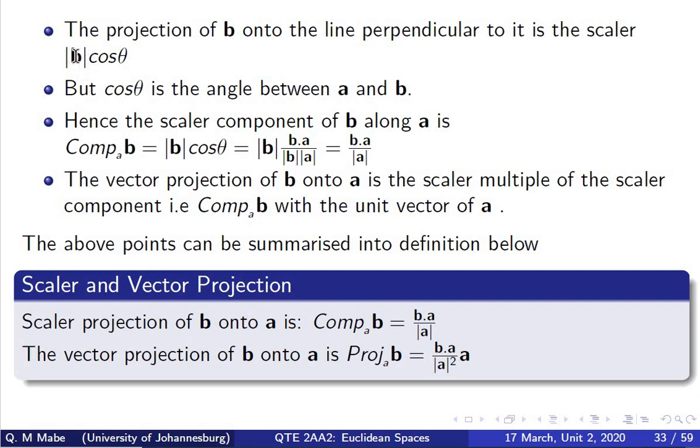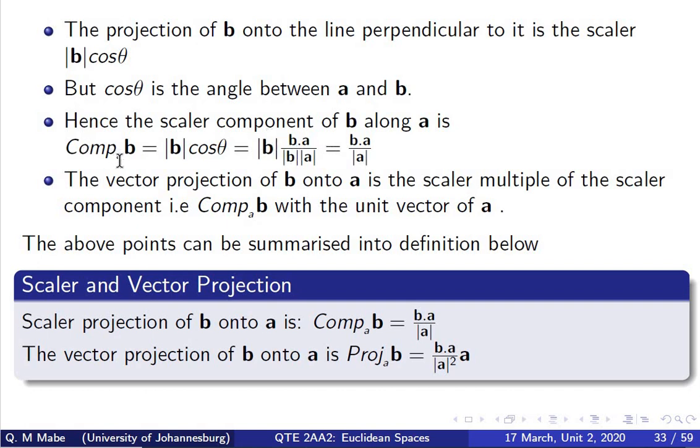If you can just write that and simplify further, you will see that that's the case. But theta is the angle between A and B, and it was defined as we previously defined it in our previous slides, right? Hence, the scalar component of B along A is given as comp AB is equal to B cos theta, where cos theta is B dot A over the magnitude of B times the magnitude of A. The magnitude of B and that of B will cancel out.